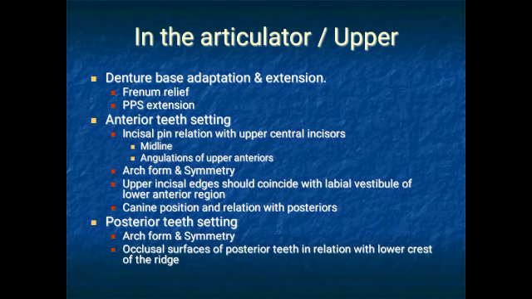Upper incisal edge should coincide with labial vestibule of lower anterior ridge, canine position and relation with posteriors. Posterior teeth setting as with anterior teeth setting: arch form and symmetry, occlusal surface of posterior teeth in relation with lower crest of the ridge.